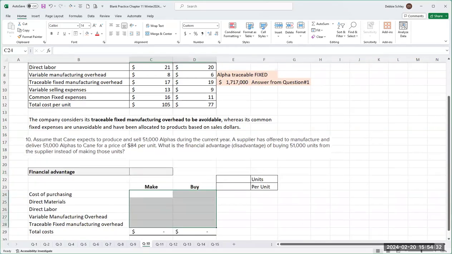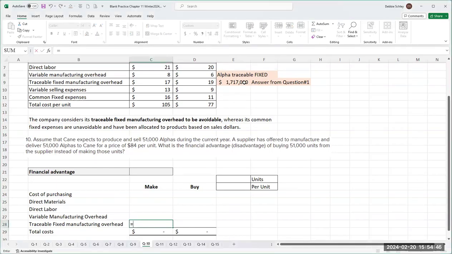Okay, question 10, another make or buy decision. Again, we're still talking about alpha. So I have alpha's traceable fixed right there. I'm going to put that down there so I don't forget. What numbers are they giving me? They produce and sell 51,000 alphas.